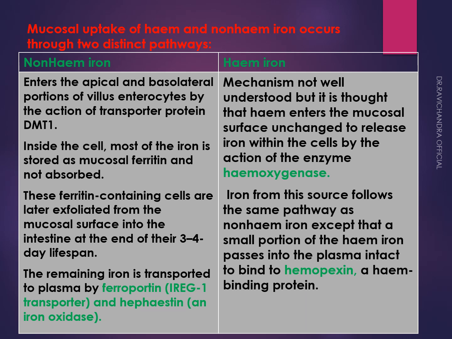So, almost the pathway will be similar to that of non-heme iron, but some part of the iron is passed to plasma so that it can combine to a heme binding protein called hemopexin, and the enzyme involved in release of the iron within the cells is hemoxygenase.